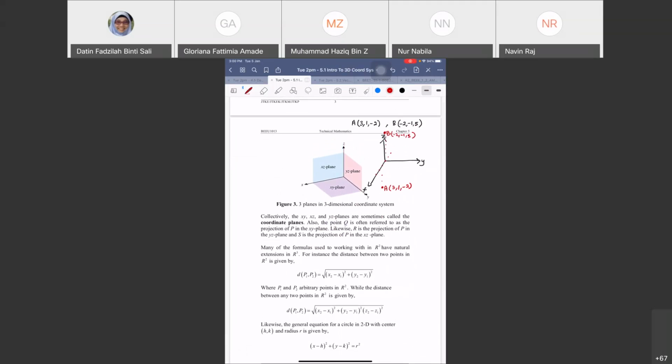Distance from 2 points. I'm sure that you still remember this by heart. If you're talking about two-dimensional space, it means your coordinate is only x, y, right? You have 2 points with x, y, x, y. So this is how you compute your distance, which is the square root of x2 minus x1 plus y2 minus y1.